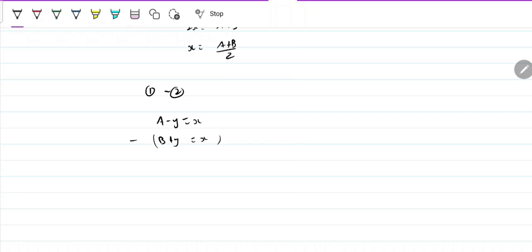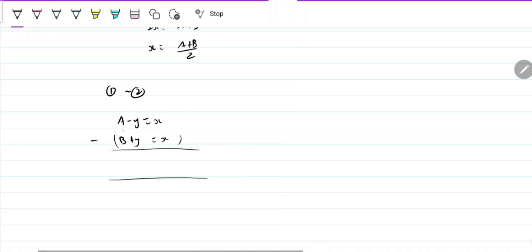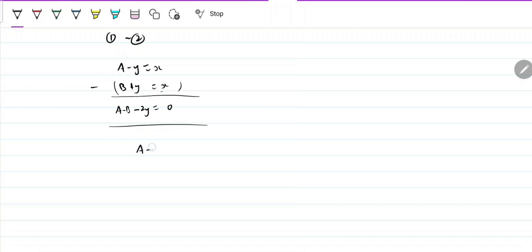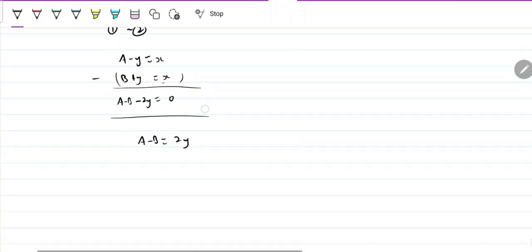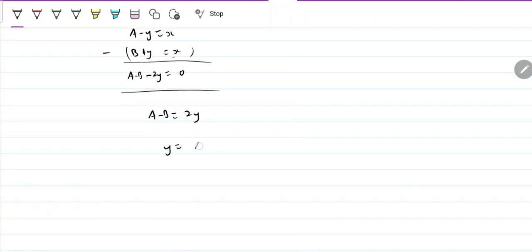So when we solve this, we're going to end up with A minus B, minus y minus y is minus 2y, is equal to x minus x, which is 0. So I'm left with A minus B is equal to 2y. So y would be equal to A minus B over 2.